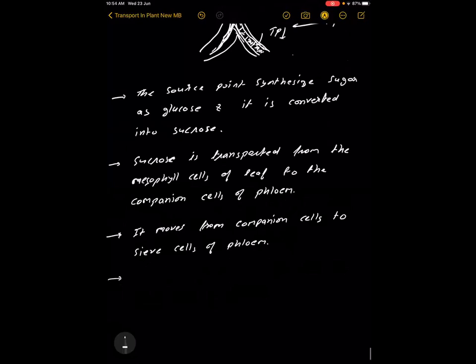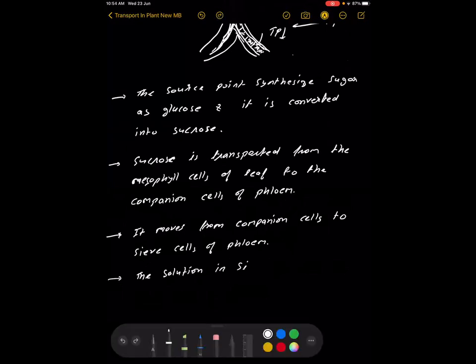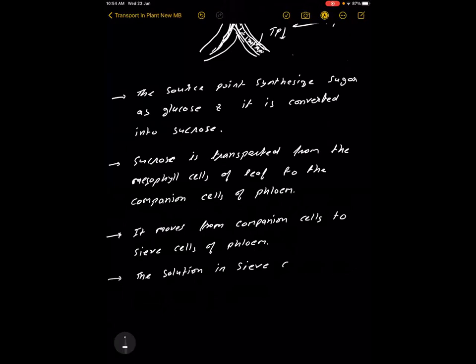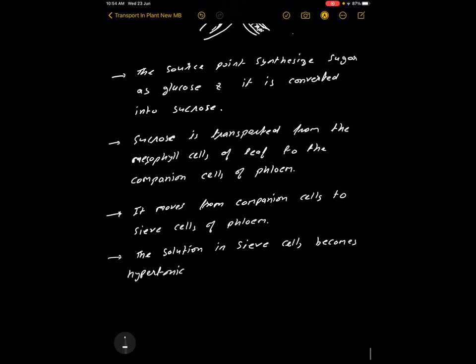So the solution becomes hypertonic. Diffusion is a passive process, it requires no energy.